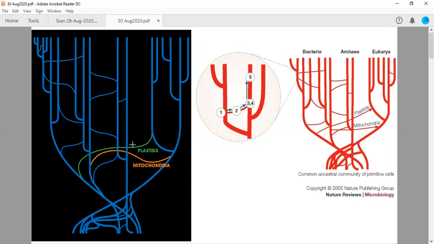Two major evolutionary gene transfers are shown, where two bacteria became subcellular organelles of eukaryotes. These seven lines here show bacteria, then this is archaebacteria, and this is eukaryotes. Both these diagrams are similar, but here they are shown in higher resolution.